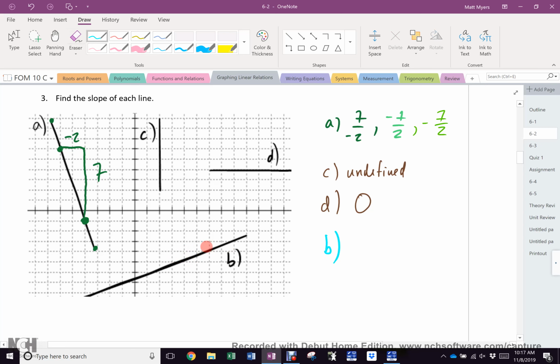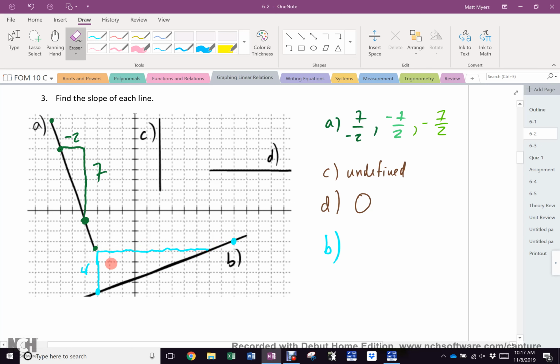What will give you, do you think, a best estimate of slope? 2 points that are very close together or 2 points that are very far apart? Very far apart. Choose the points as far apart as you can. I would say it's those two, almost at the end.